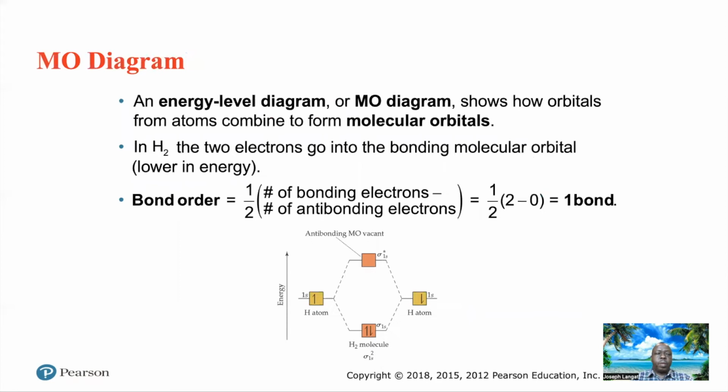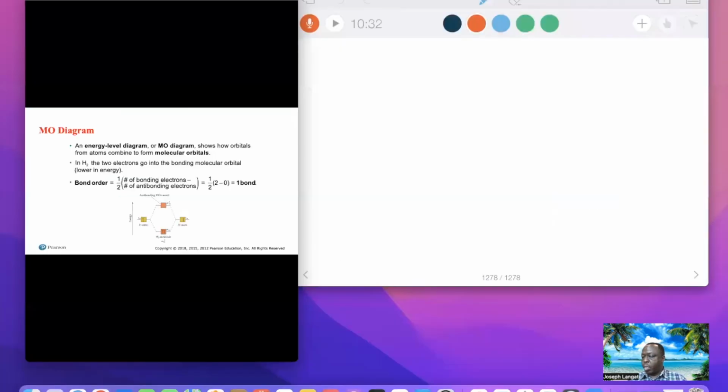Here is the molecular orbital diagram, which I want you to learn. Here in this case, we are using the atomic orbitals, such as in H2. What you see here is hydrogen gas. Hydrogen gas is H2, with 2 hydrogens.